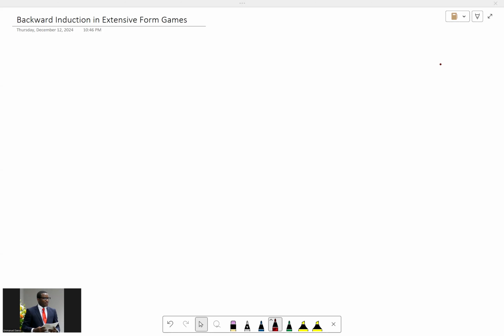Afterwards, we talked about the sub-game perfect Nash equilibrium, where we actually saw the possibility of arriving at a kind of equilibrium for each sub game in an extensive form game. So here, let's talk about backward induction.